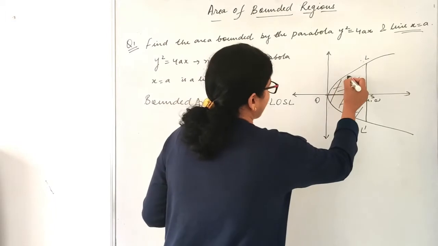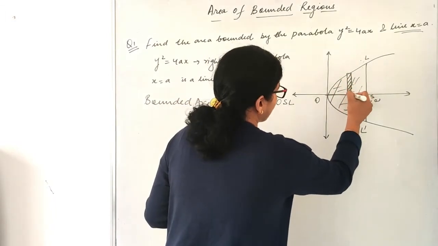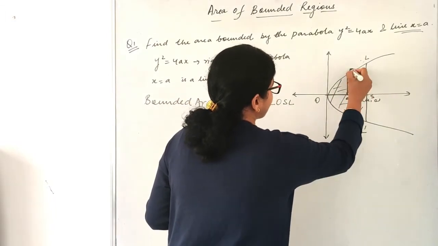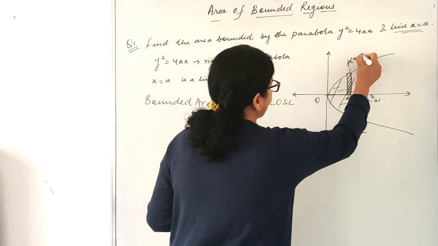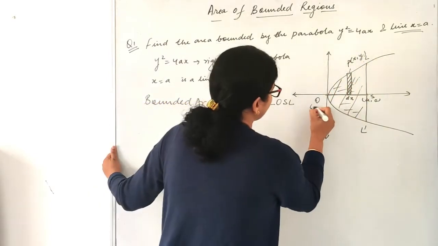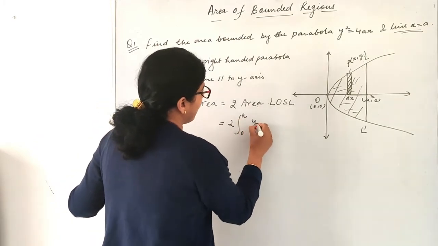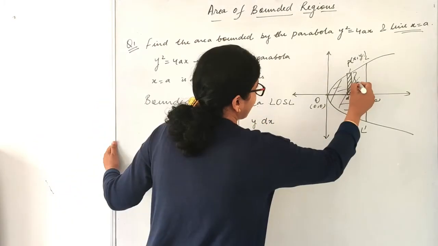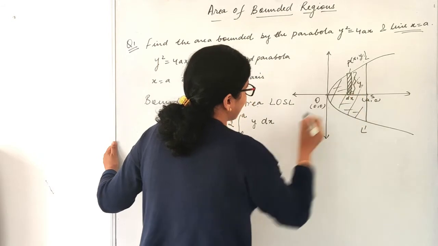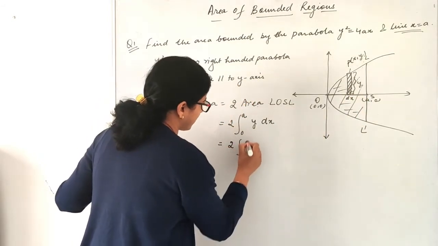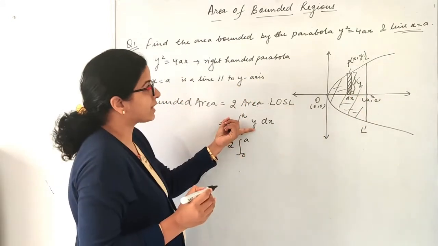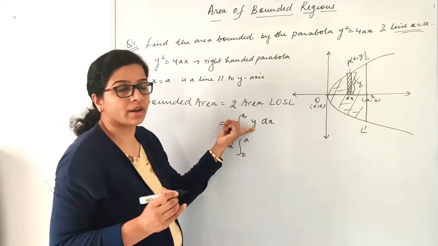So let us pick a vertical strip now. What will be the width of this strip? dx. And this will be my point P x comma y. And from this is my 0, 0 point. So twice integral 0 to a y dx, right? The length is y, width is dx, twice 0 to a. Since it is above x-axis, I have taken positive y, right?